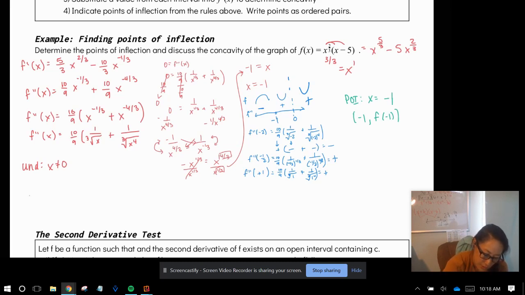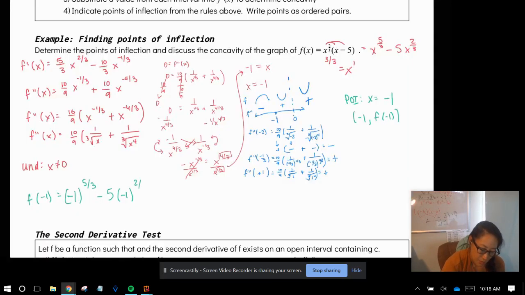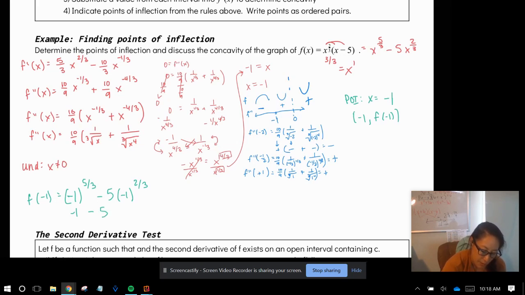I'm going to go ahead and do it down here. f of -1 is equal to -1 to the 5/3 minus 5 times -1 to the 2/3. So this is going to be -1 minus -1 squared, and then the cube root of that would be 1, so times -5. So I get -6. So the point of inflection is at -1, -6.